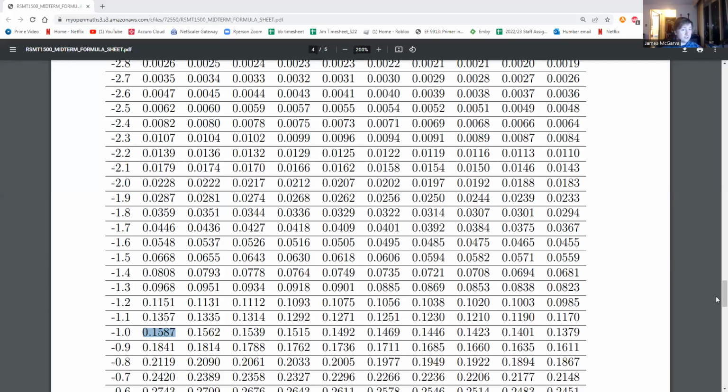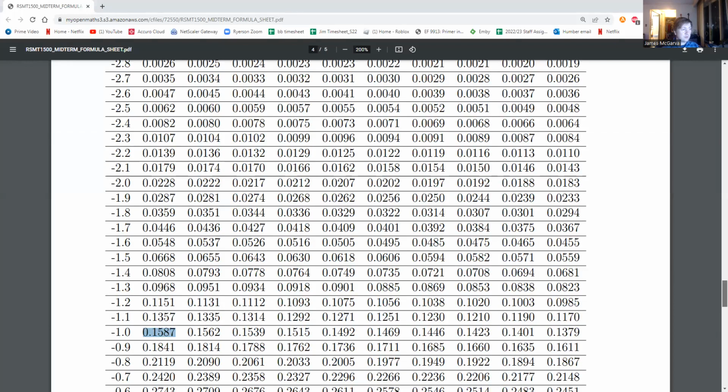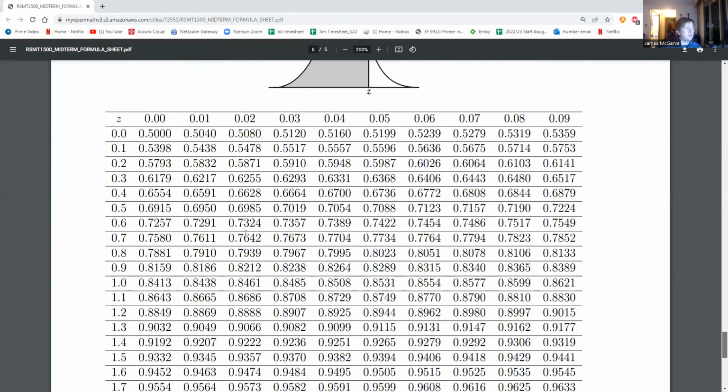So let's go back to our table here. The first page of the table is all negative numbers. So if I want positive numbers, I have to go to the second page. I'm going to look for 0.25. So row 0.2, column 5 gets me 0.5987. That's my first lookup.